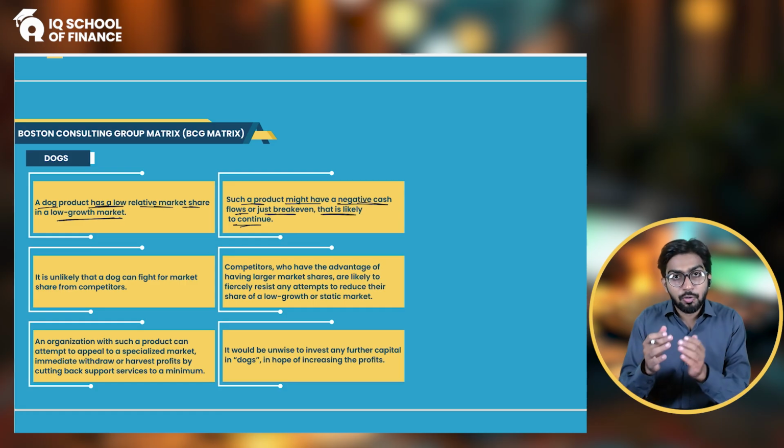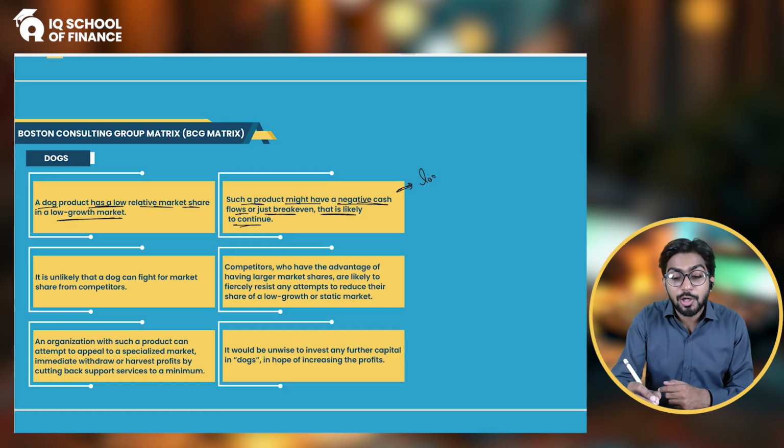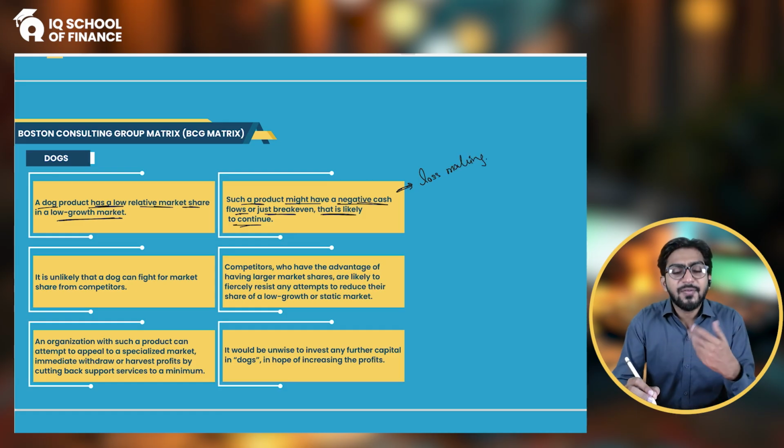Because again, you have a low market share, it is very likely that this product is loss making, and if it is not loss making, it would be at break even. That means your cost and profits are equal.